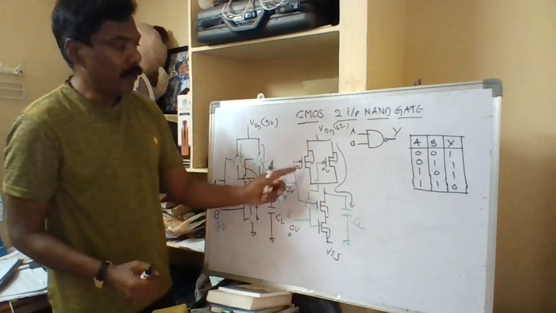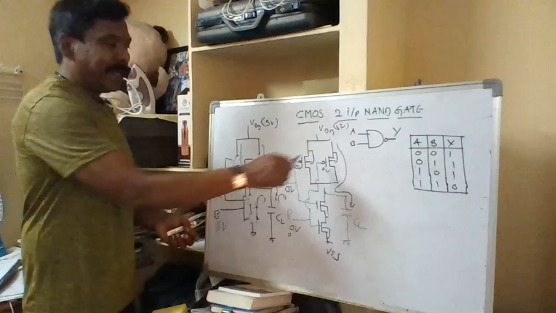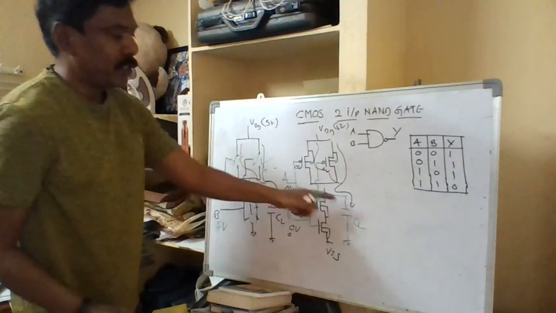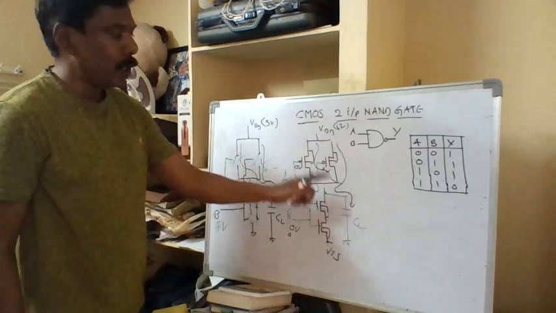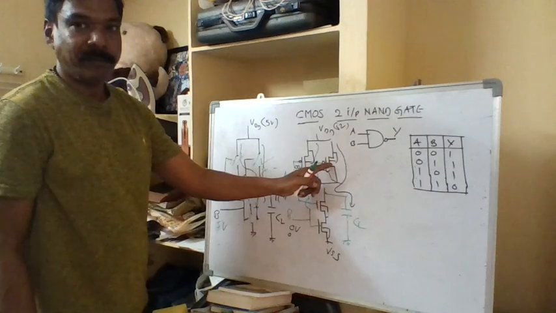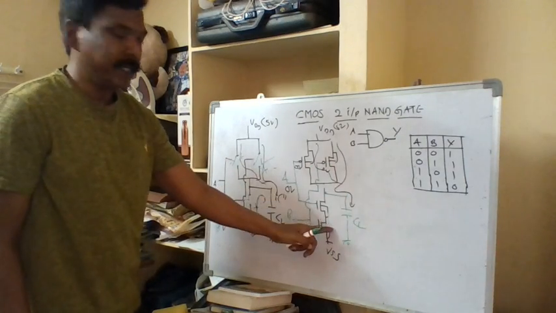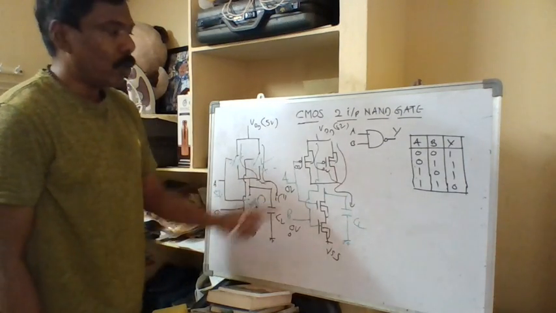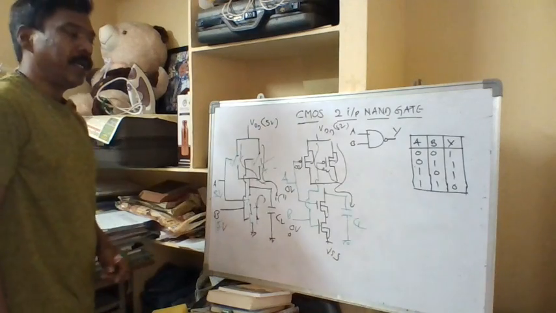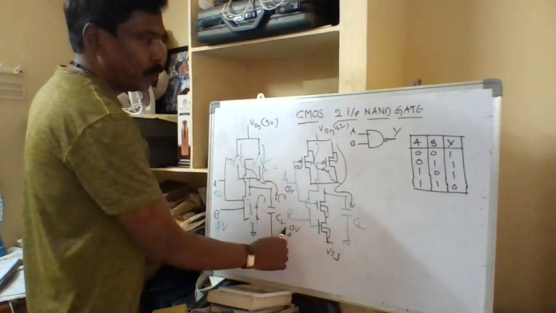So when both transistors are turned on, there is a path for charging the output node through these two branches. But there is no way that it will be discharged. So the output node will be charged, and you'll get a logic high when it is 0 0.